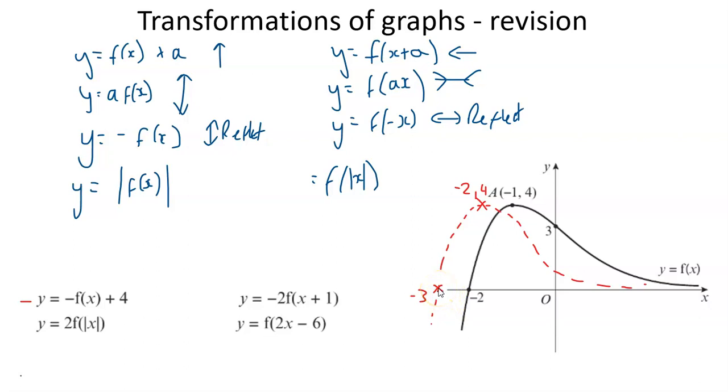And then it's -2 lots of it. It's the minus on the outside, so it's going to flip upside down, and the 2 is going to make it twice as tall. So this stays here, but it's going to come down now. So that stays where it is.